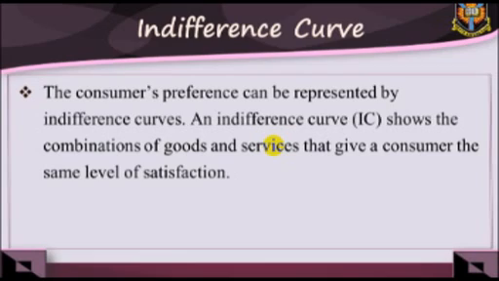Suppose that commodity bundles A and B give the consumer the same level of satisfaction, while commodity bundles C and D also yield the same level of satisfaction, but which is higher than that of A and B. The consumer will be indifferent between the consumption of A and B. Similarly, it will be indifferent between consuming commodity bundles C and D. However, the consumer will prefer any of C and D to any of A and B because C and D yield a greater level of satisfaction.